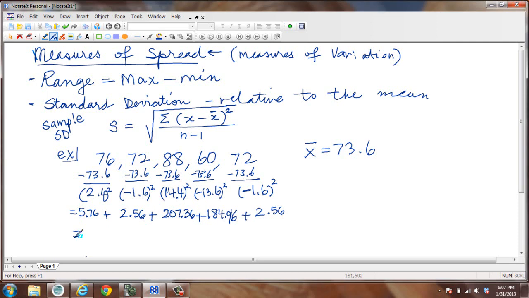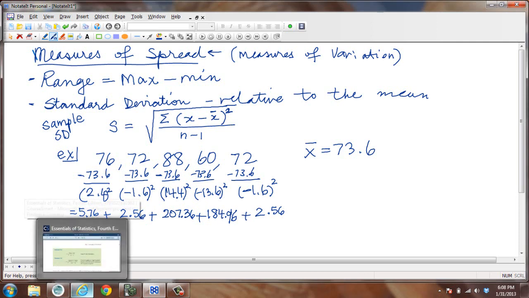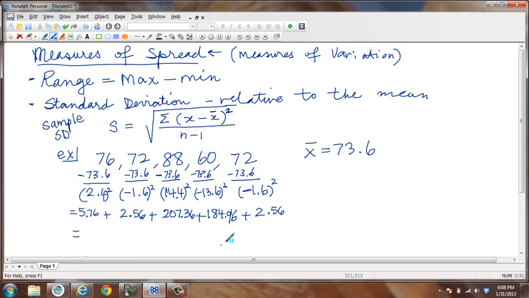I'm just using my calculator on the side here to add these numbers. And that gives me 403.2, and then I want to divide this by, so I've done the top part.